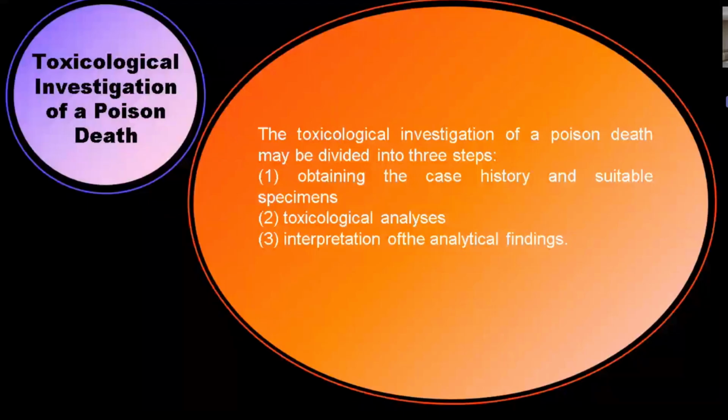We should know the surroundings and the specimen which we should collect from the site or the place, if it is a crime scene or if at all it is being presented. We should be able to know how to get the specific specimen, what samples we should get. Then the toxicological analysis, where we should analyze what we can get, and then the interpretation of the analytical findings, to be confirmed that okay, this type of toxicity has occurred.